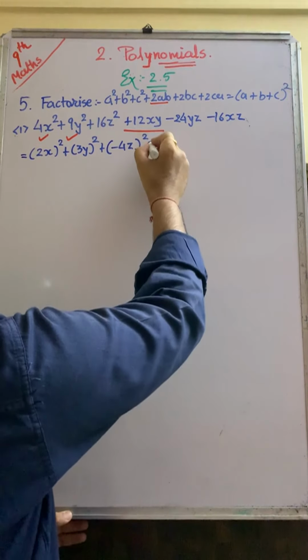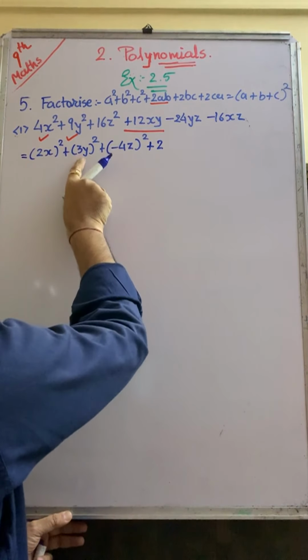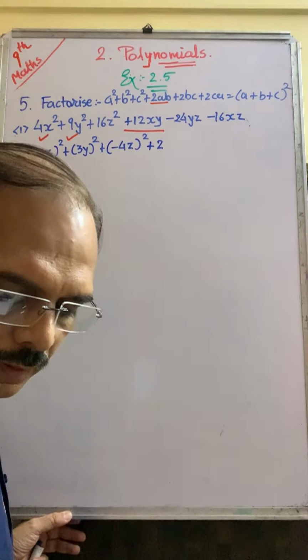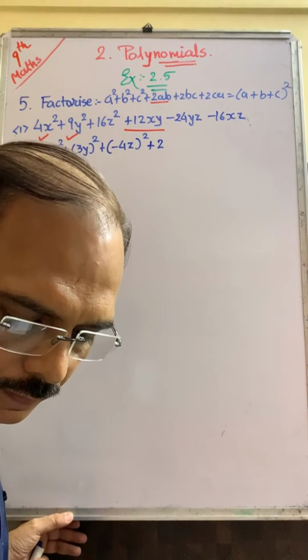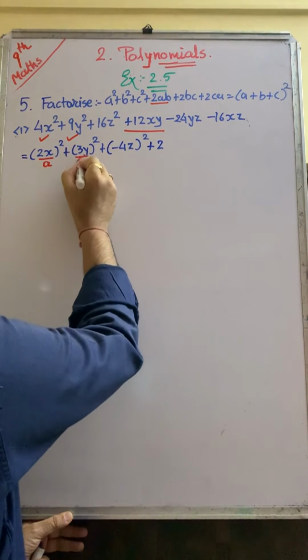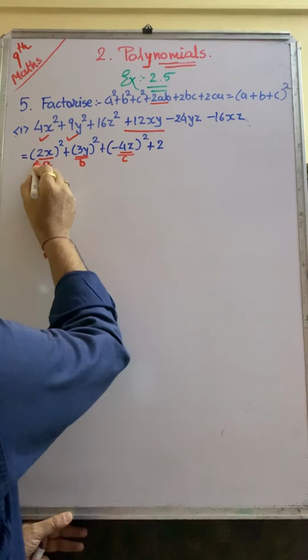Now according to our formula, set this plus 2ab. Now this is A, this is B, this is C. Okay, so let me clarify this. Take this as A, this as B, and this as C. So don't think that this is a division.